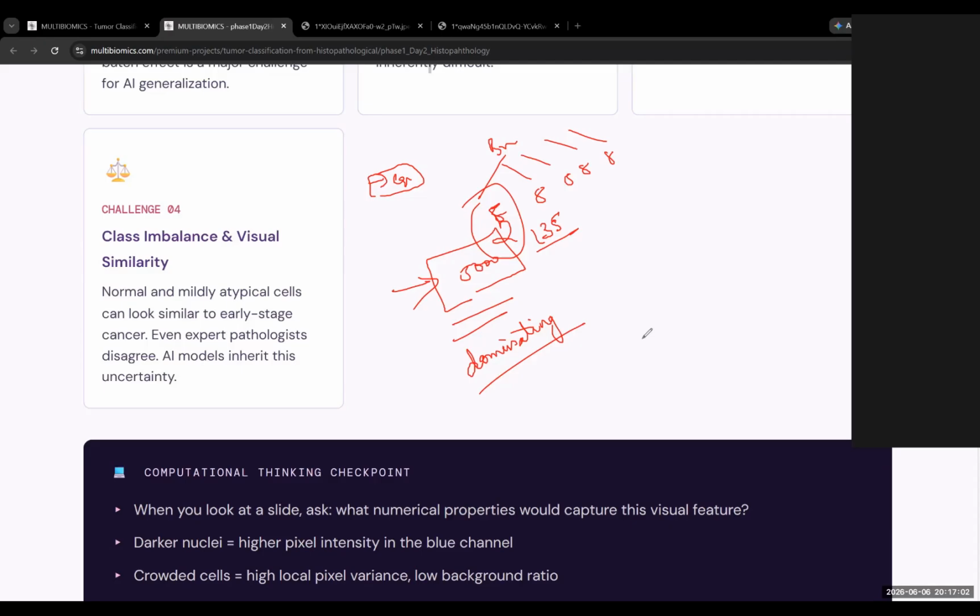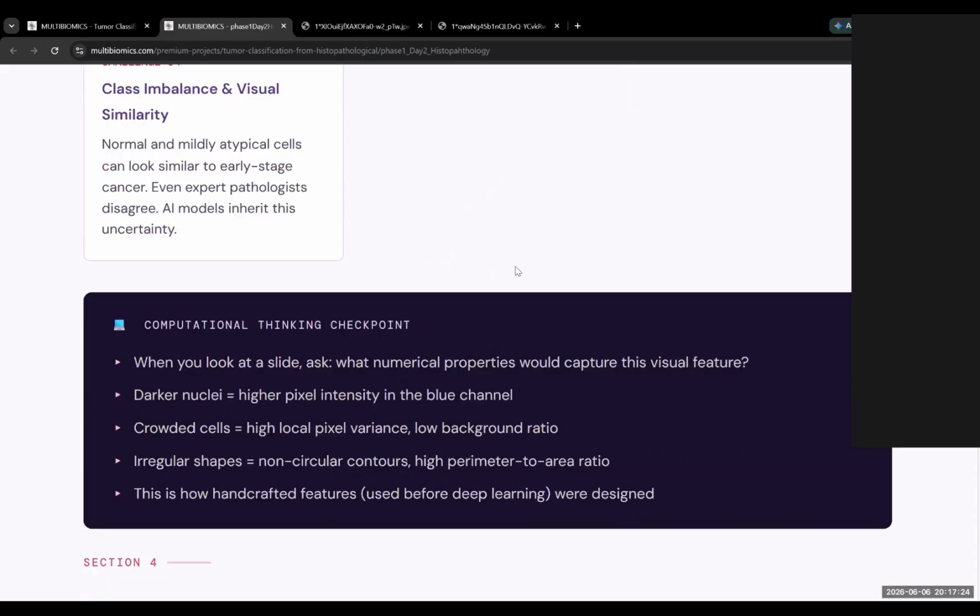It won't learn from the class where it has 2 images. That subtype, it won't try to learn from them. If class imbalance is there, the more populous images will dominate the AI model. Is it okay? Do you understand a slight idea? Have you got it? Yes, ma'am. Yeah, so that is also a problem.